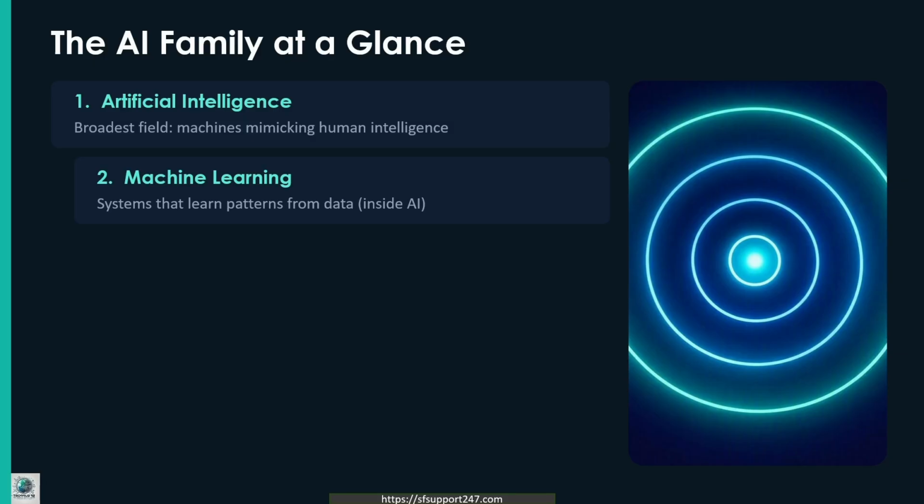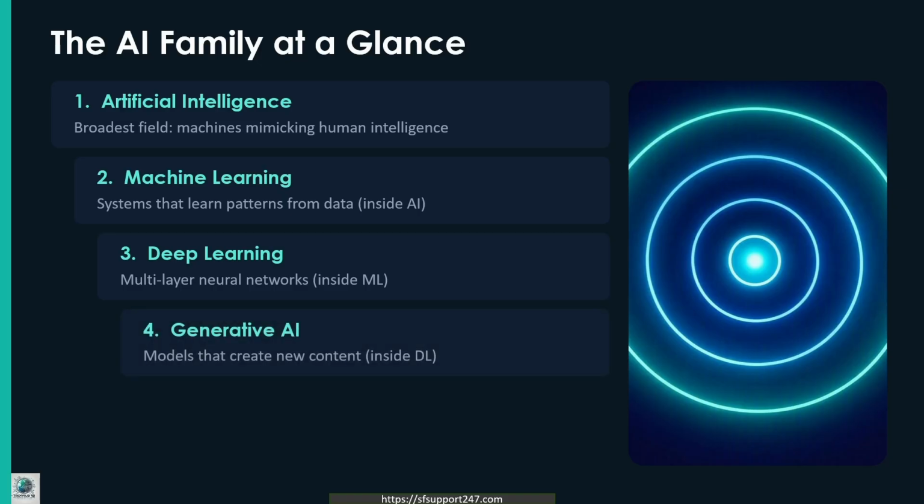We can discuss other aspects also. Really at the high level, no need for you to become an expert in machine learning to become an expert in AI, right? The third one is deep learning, multi-layer neural networks. And the fourth one is generative AI, models that create new content. And the fifth one is agentic AI, which are autonomous.